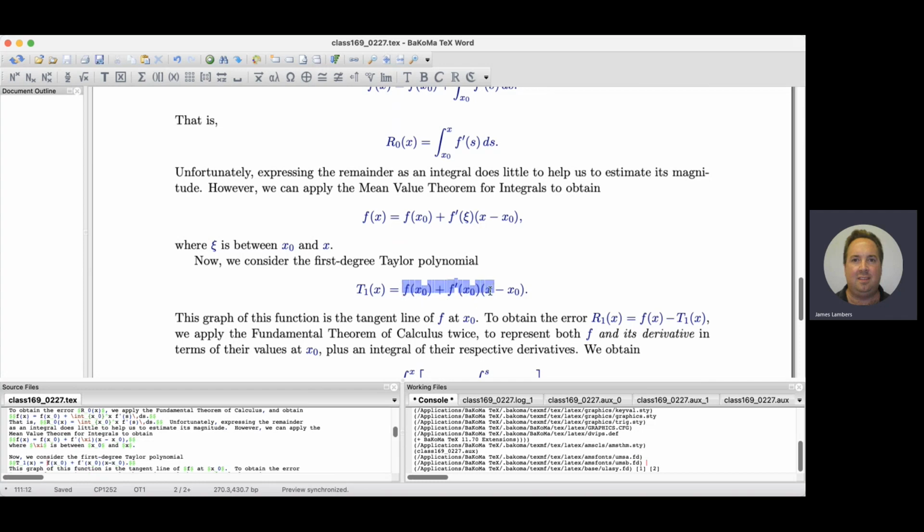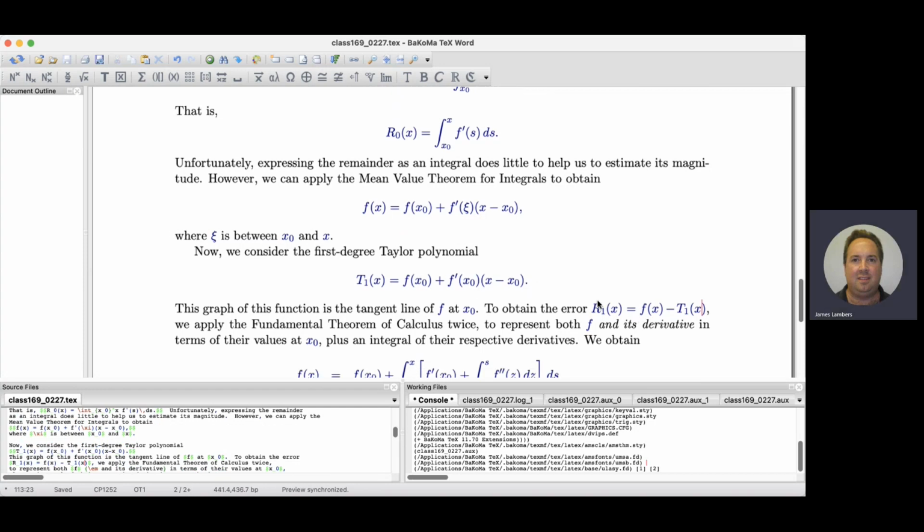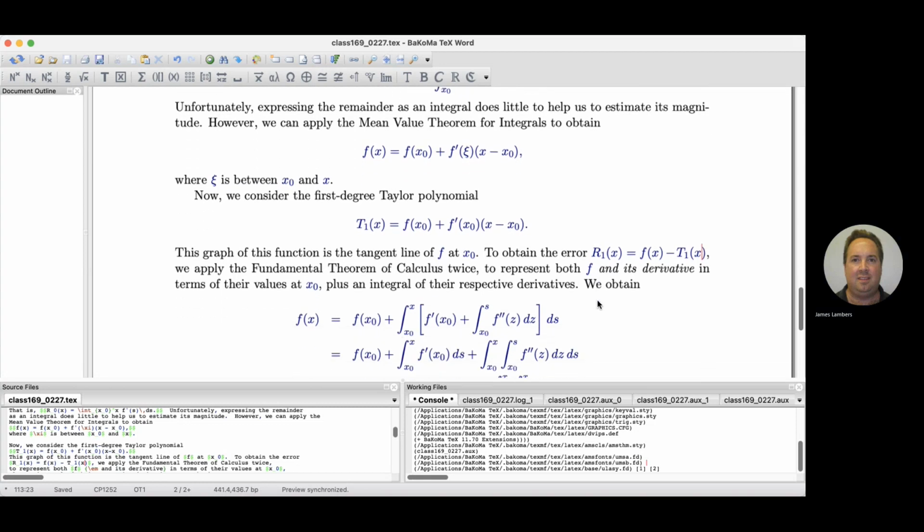So y equal to this is the equation of a tangent line to f at x naught. So you're approximating f near x naught by a line. So now I want a remainder, f of x minus this tangent line approximation. So to do that, I'd apply the fundamental theorem of calculus twice.